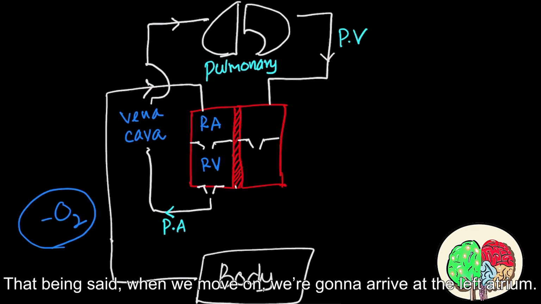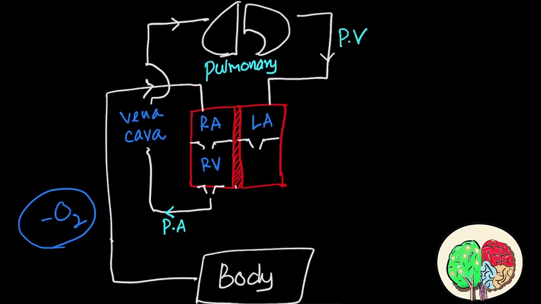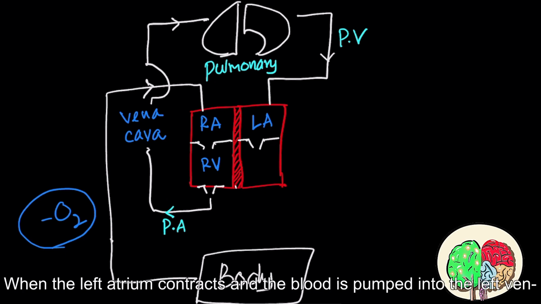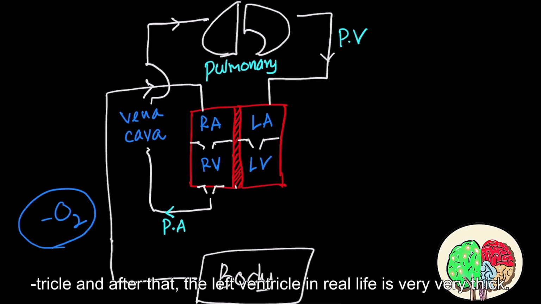So okay, that being said, when we move on we arrive at the left atrium, because it is on the left and it's our upper chamber. When the left atrium contracts, the blood is pumped into the left ventricle.